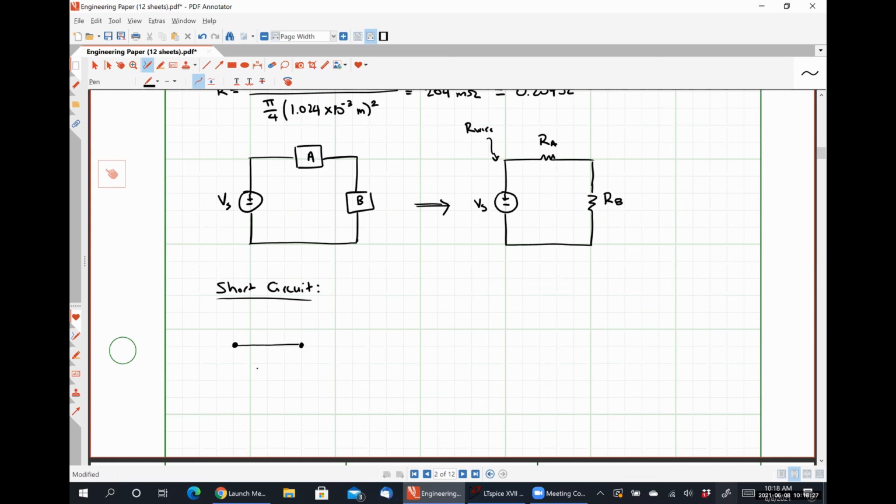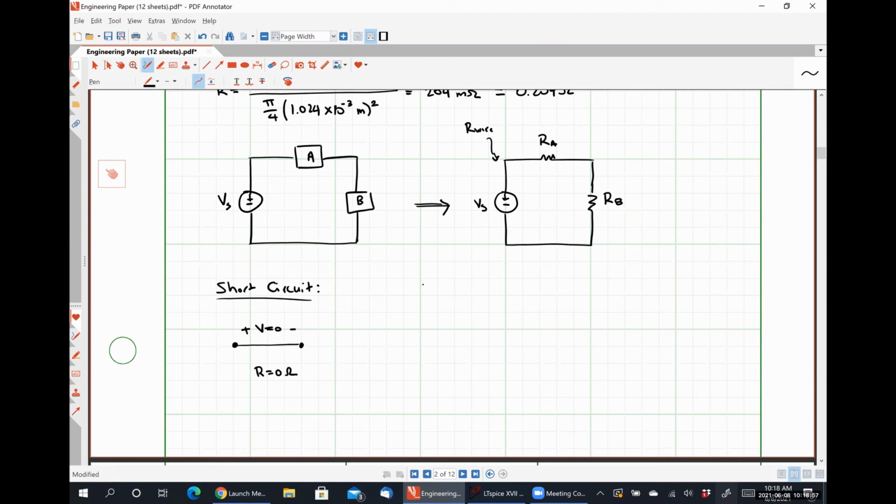It has a resistance of 0 ohms, which means the voltage drop across this short is exactly equal to 0 volts because of Ohm's law. And any amount of current that needs to flow through that short circuit can flow through that short circuit, okay? So anywhere that we have a wire, we have a short circuit.